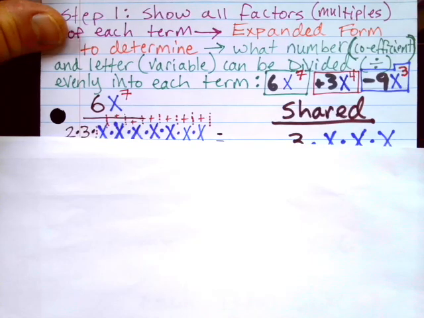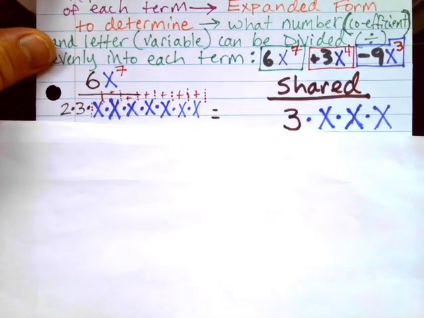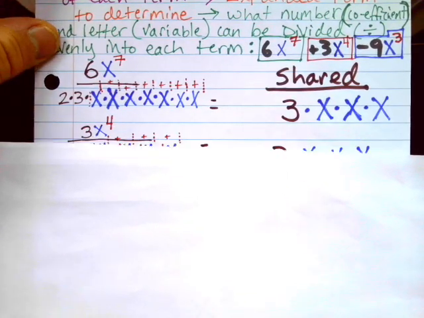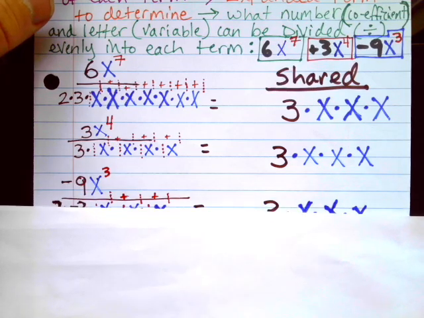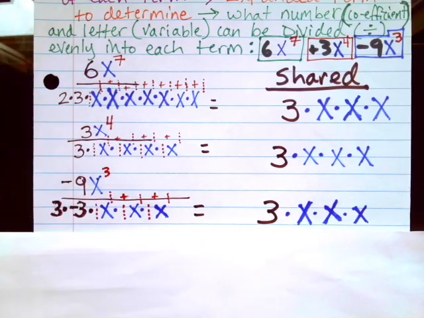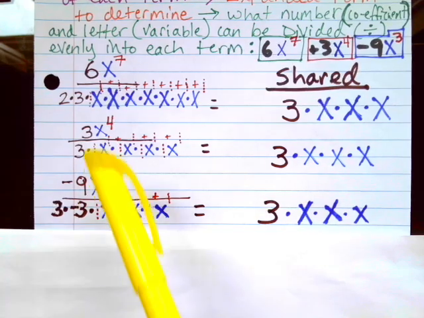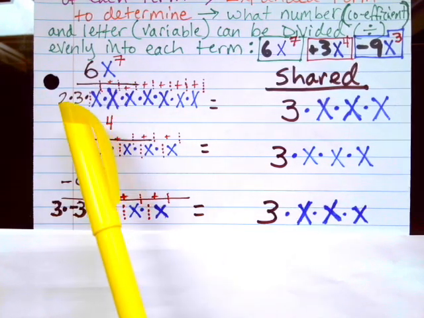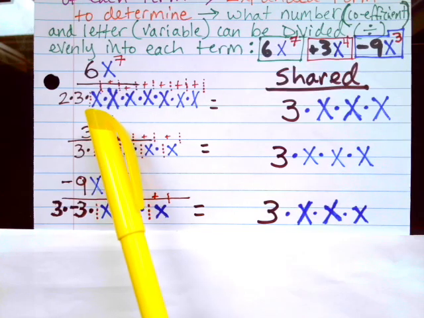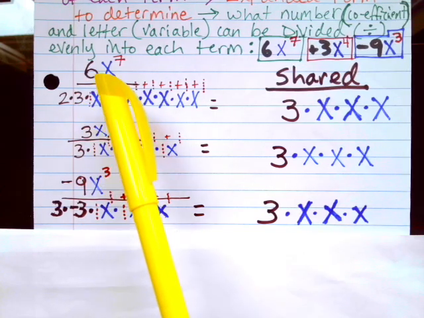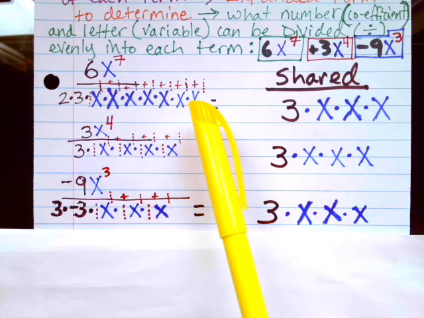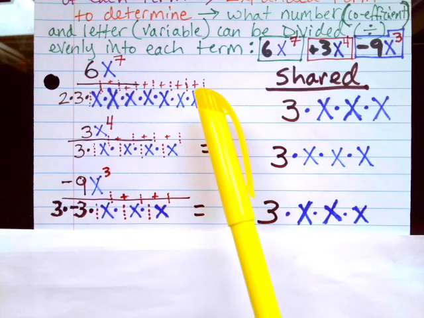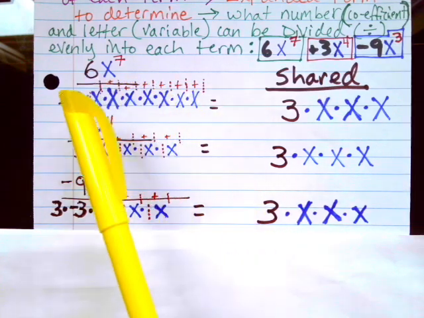So here I'm going to be showing you expanded form for each of these terms that you see and how they break down and what each of them share. So 6 times x to the 7th power is 2 times 3. That gives me 6. 2 times 3 is 6, times 7 x values. Remember, when you multiply the x values, you add up those exponents.